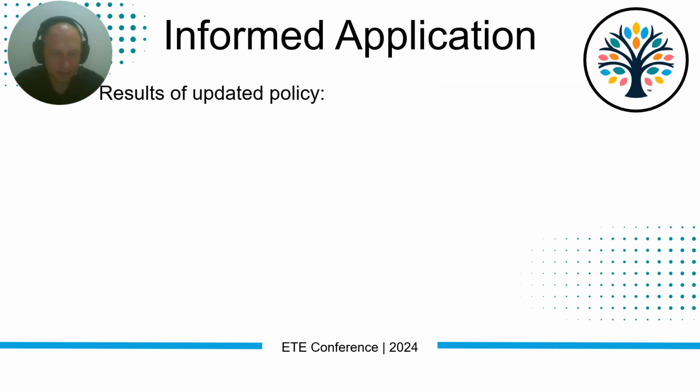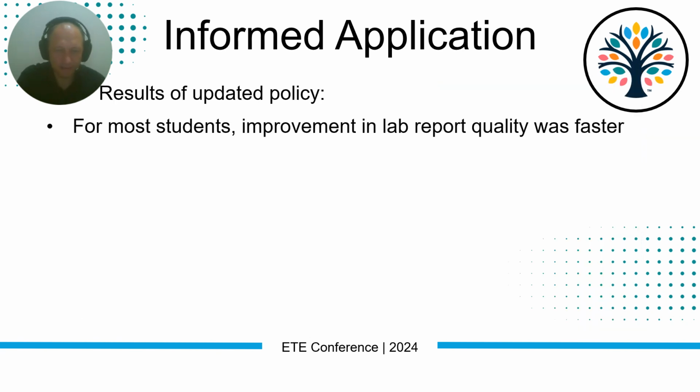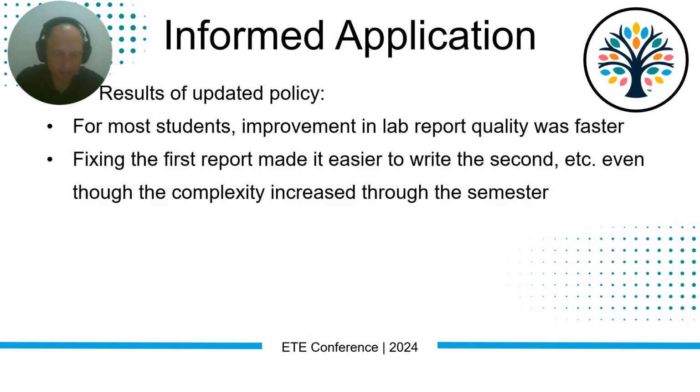Well, the results of this, for the vast majority of the students, the improvement in the lab report quality was faster. They'd get their first report back, see what they need to do, fix it, resubmit it, it would be approved, it would pass, and then they'd go to write the second lab report, and it'd be higher quality than it would have been without that feedback and without that additional time.